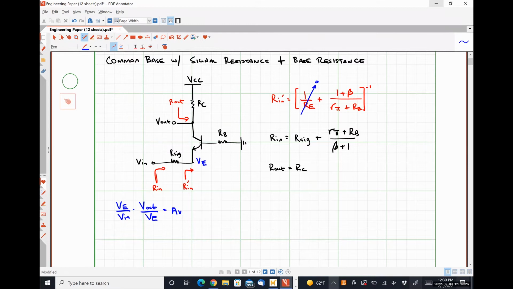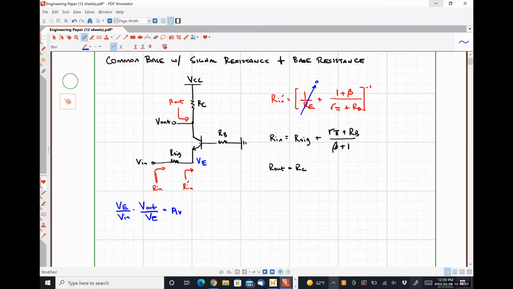If we're considering this circuit minus that signal resistance R sig to be a common base amplifier with a base resistance and emitter degeneration, where RE is effectively infinity, go back through your notes and see if the gain, when an emitter degeneration resistor and a base resistor is in there, actually messes anything up.